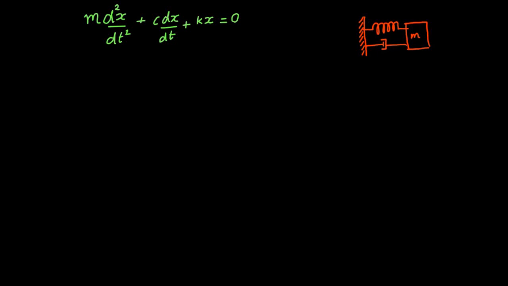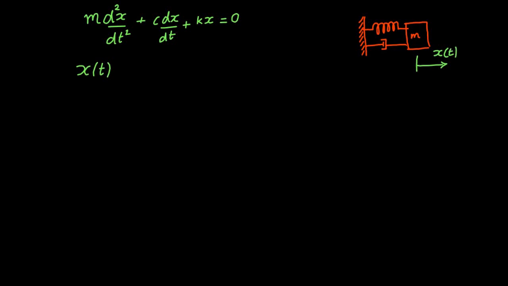Okay, I'm going to write the solution to the governing differential equation. As I said in part 2 of the video, I have derived the solution for the governing differential equation. The solution to this particular governing differential equation, which is the displacement of the mass at any instant of time. You can see the mass here, and if you solve the governing differential equation, you can tell what is the displacement of the mass at any instant of time.